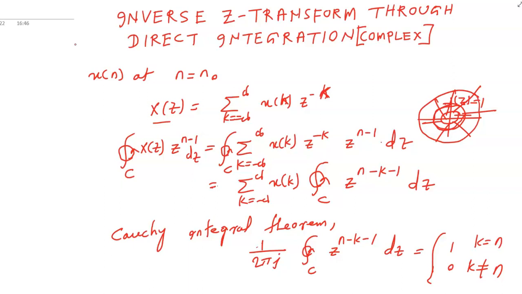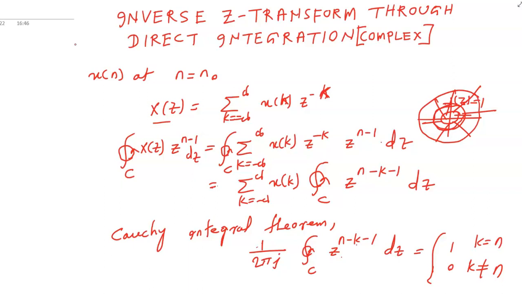Just check: when you put k equal to n, it is simply z to the power minus 1, that is 1 upon z, and the value of this complex integration will be 1, because we have already divided by 2 pi j.